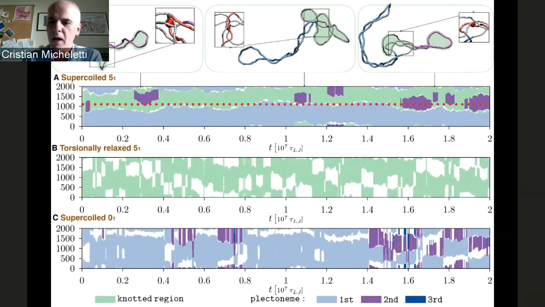You can already see by eye that the behavior, although the time scale is the same on all the graphs, is entirely different. Now, because of the presence of supercoiling, the knotted region is essentially locked throughout the entire duration of the simulation, which is the longest one that we could afford, and we estimate to be of the order of several milliseconds. And also the plectonemic regions are locked too.